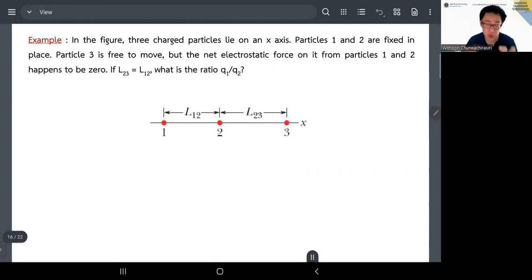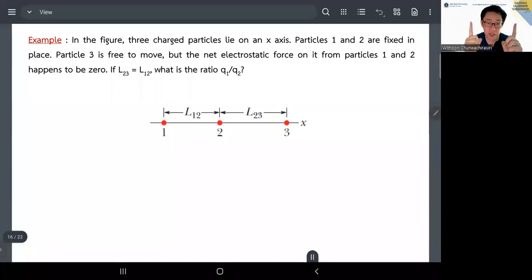And I think this is a good exercise to reveal what we have been doing. So in the figure, 3 charged particles lie on the x-axis. Particles 1 and 2 are fixed in place. Particle 3 is free to move. So it means number 3 can move around or be placed anywhere you like.